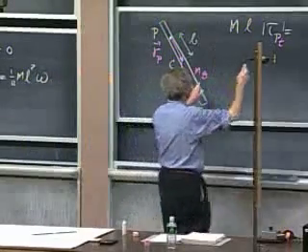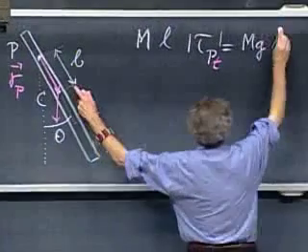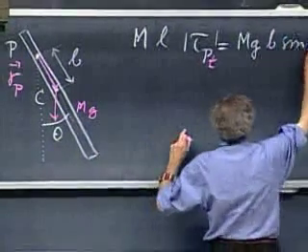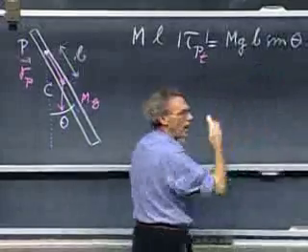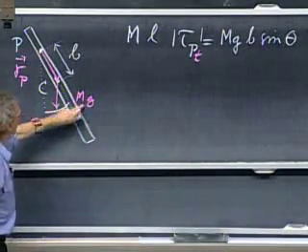So the magnitude of that is going to be mg times b times the sine of theta. This is the magnitude of r cross F, this being F, this being r.